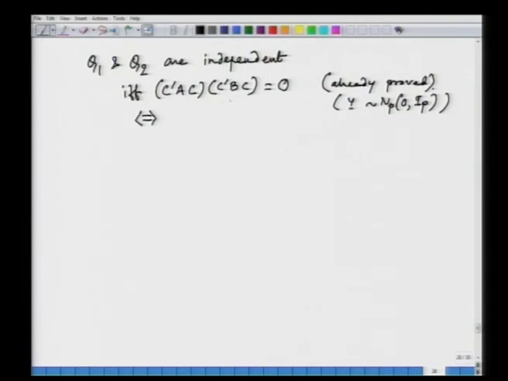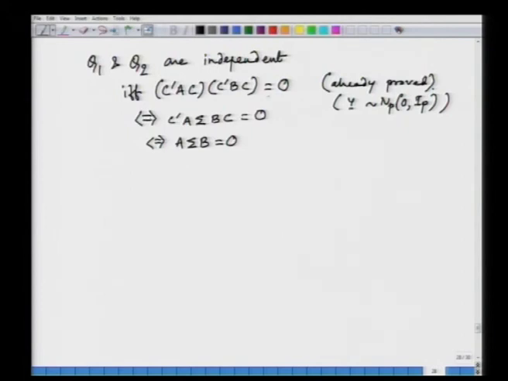So, this is a null matrix means that I have C transpose A, C transpose is nothing but sigma, then I have B and C. This implies that, since C is non-singular, I can pre-multiply by C transpose inverse, post-multiply by C inverse to get A sigma B is null, and each of these steps can be traced back.